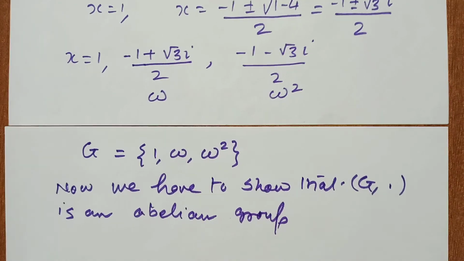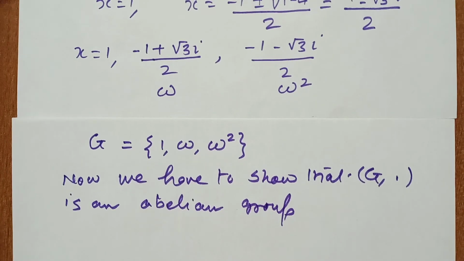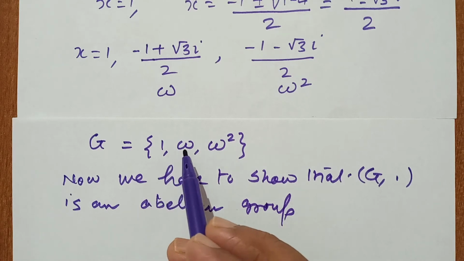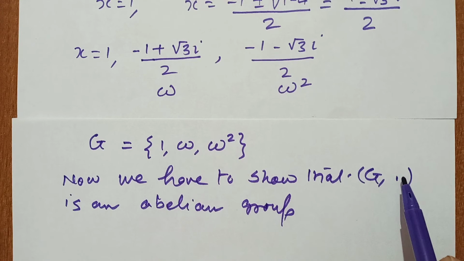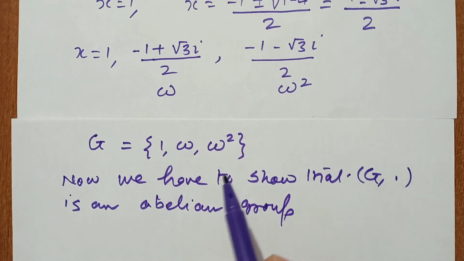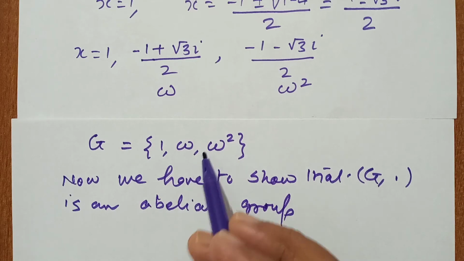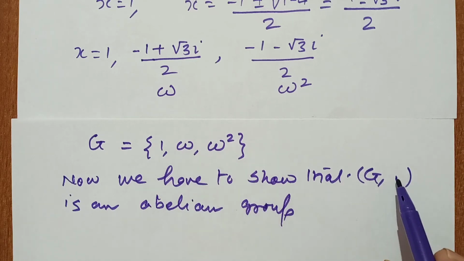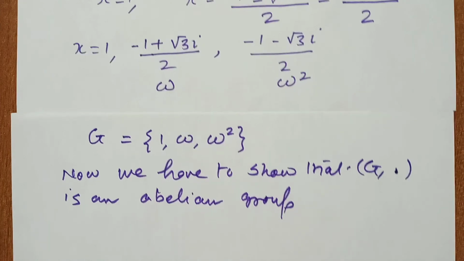As you know, as a definition, first we need a non-empty set, second we need an operation, then we have to show this non-empty set is an abelian group. So we need to explain five properties, meaning this set satisfies the given operation's five properties. Okay, so now I am going to explain one by one.